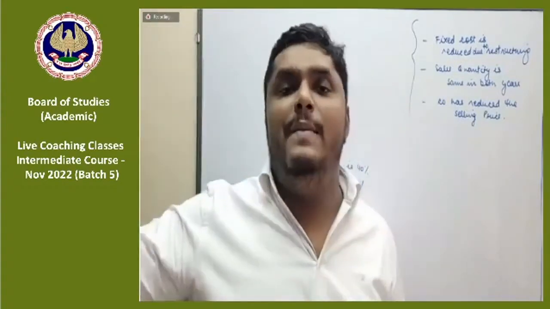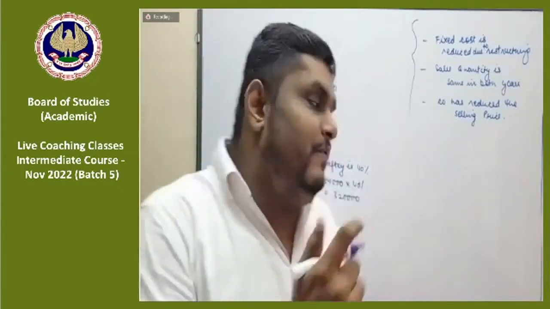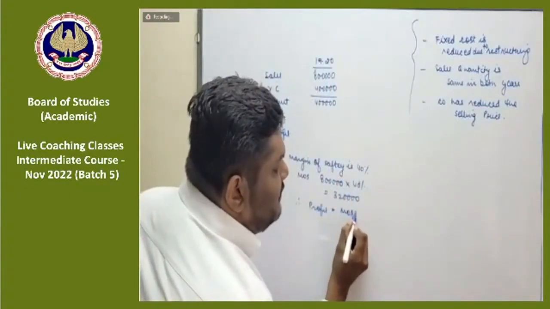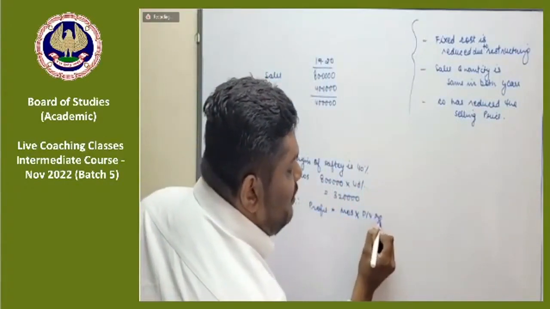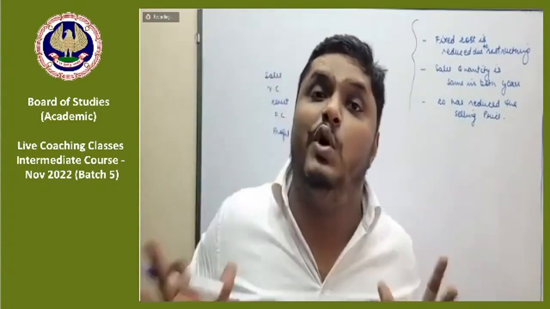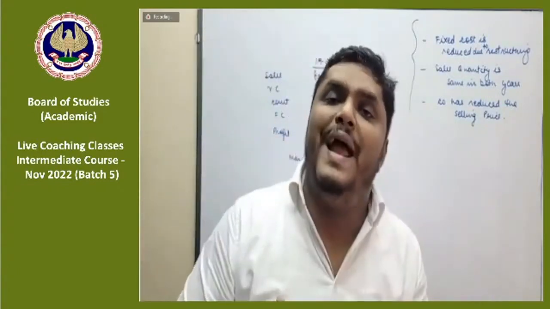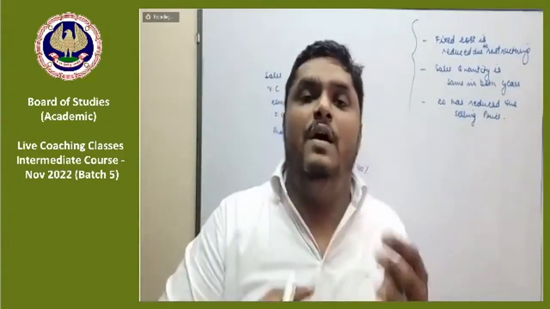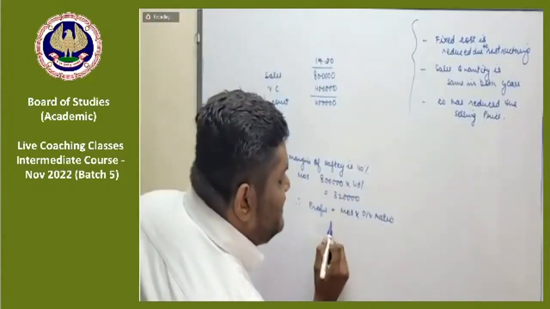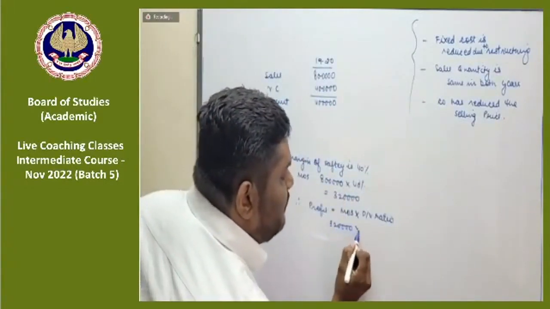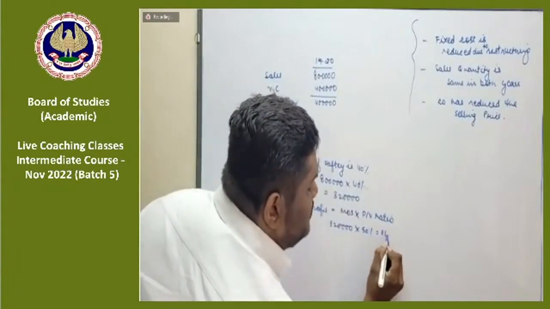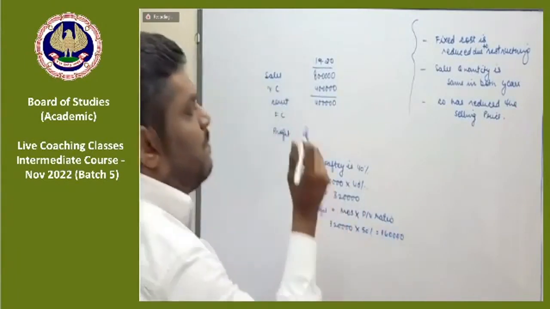So if we multiply margin of safety sales with PV ratio, we will get profit. So profit will be margin of safety into PV ratio. Now, how come I am getting these formulas? Because I am thorough with the concept. So you have to practice a lot to solve the question quickly. So here my margin of safety sales is 3,20,000 into my PV ratio, that is 50%. So my profit will be 1,60,000.